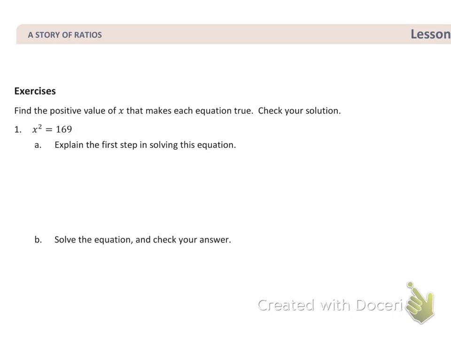Okay, once again, the steps that you're being asked to go through to solve these exercises might seem a little bit obvious or unnecessary, but we're getting used to the math behind what you're doing. So when we solved x squared equals 169 before, we were using mental math.